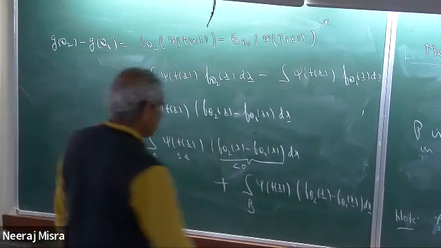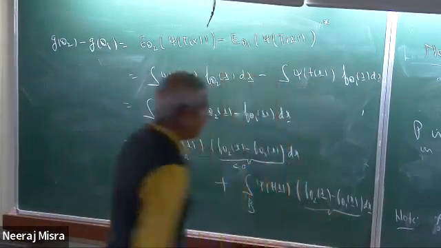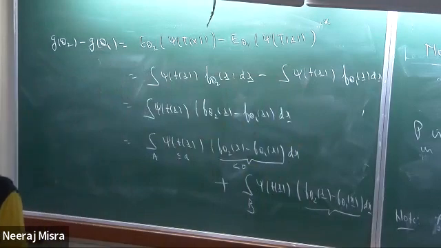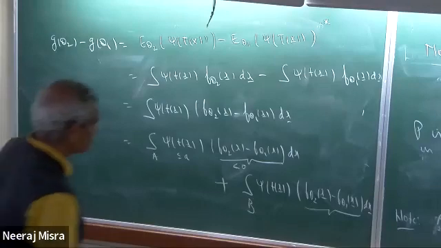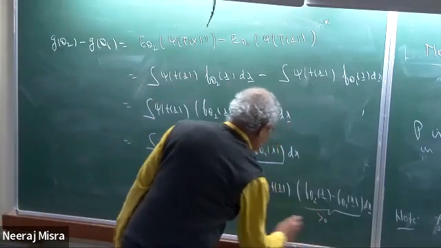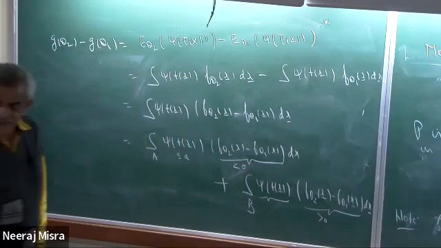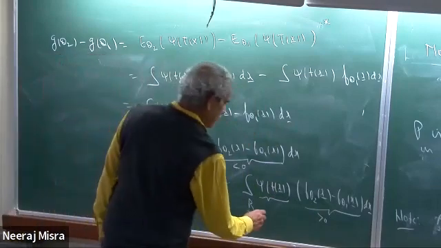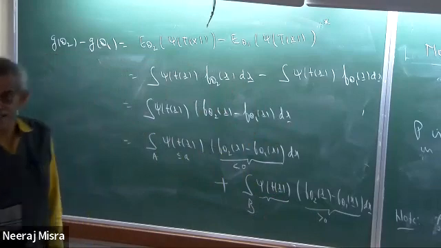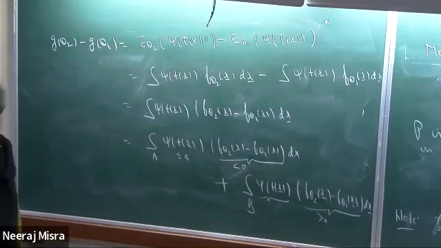Let us look at this quantity. f_theta2(x) minus f_theta1(x) over B is greater than 0. And this would be greater than, because b is the infimum, so this would always be greater than or equal to b.